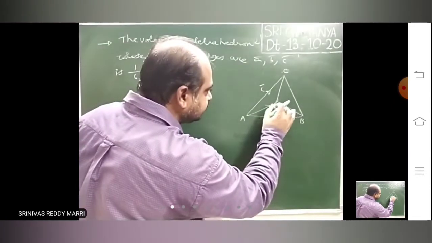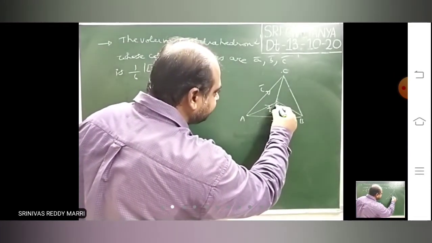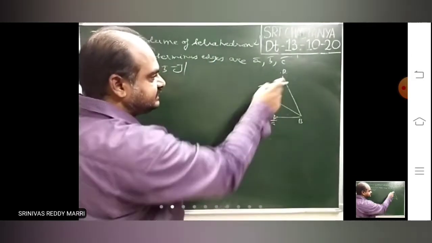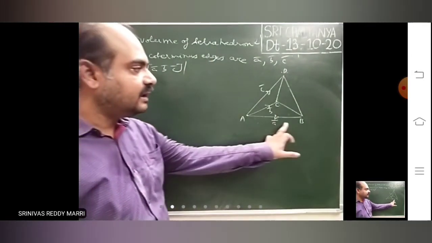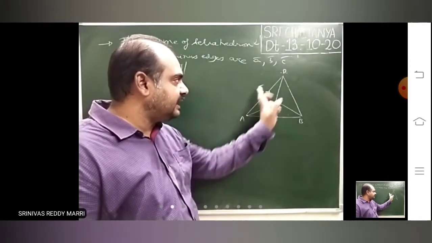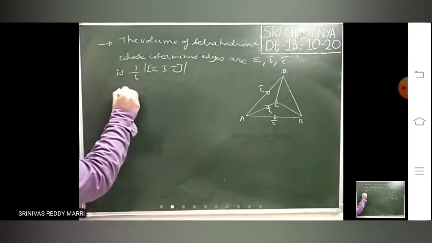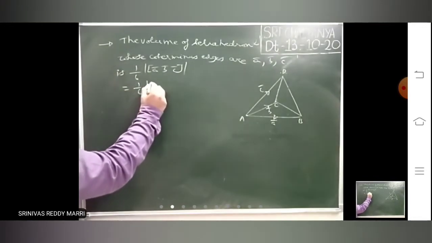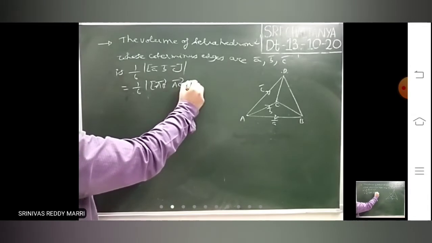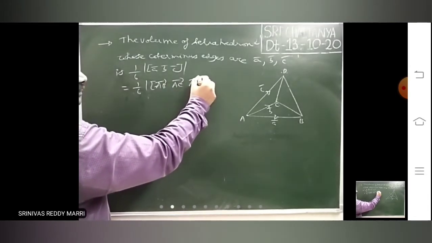In the formula, generally it will be denoted like this. This is C, that is D. The formula is 1 by 6 into box of AB bar, AC bar, AD bar. You can remember it easily.